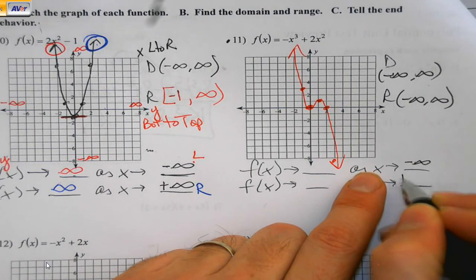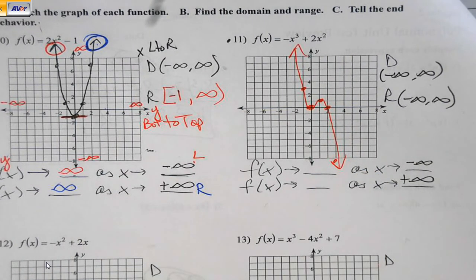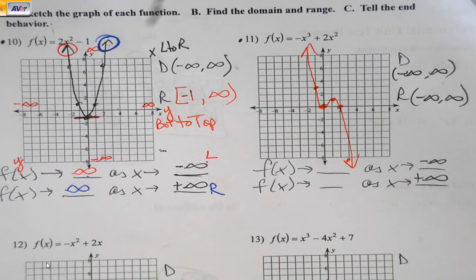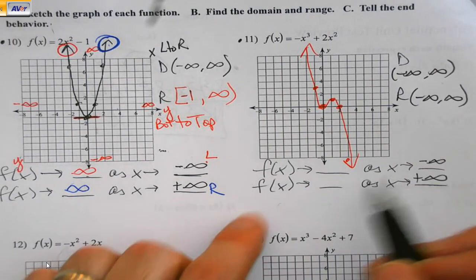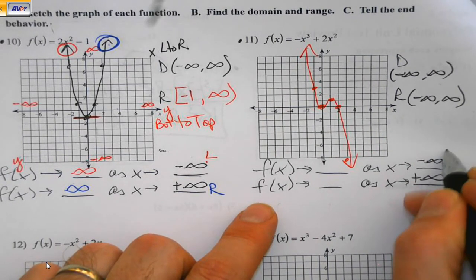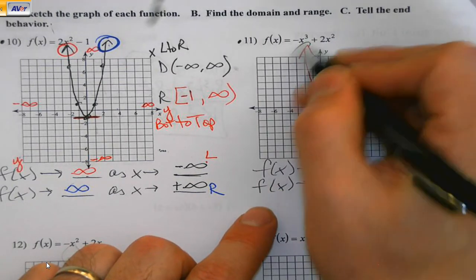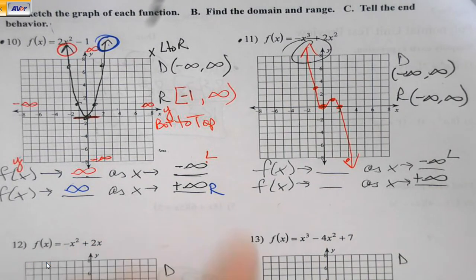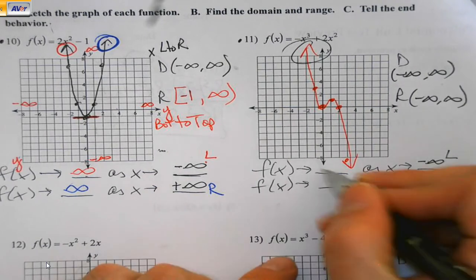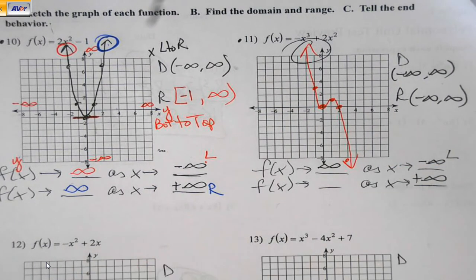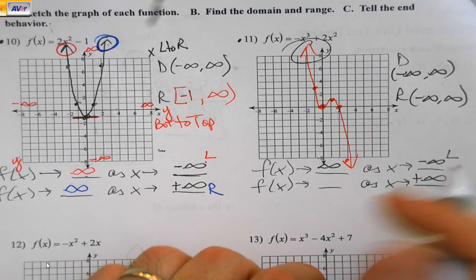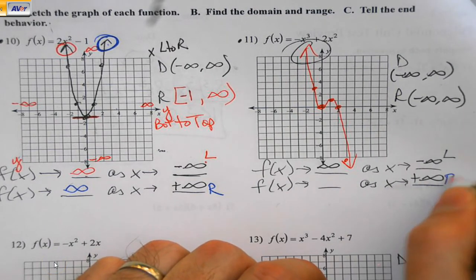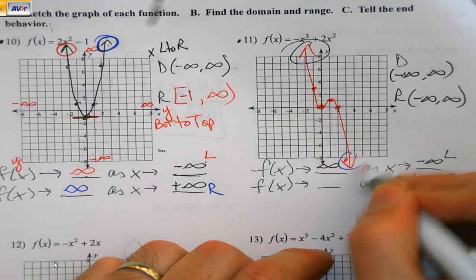For my end behavior, my x's are always the same. I'm kind of using the last one as my example here. So I'm like, okay, as x goes to the left, and my arrow going to the left, which direction are we going? Up towards positive infinity. And then I switch and I go, okay, now as x is going to the right, find my arrow that's further to the right.